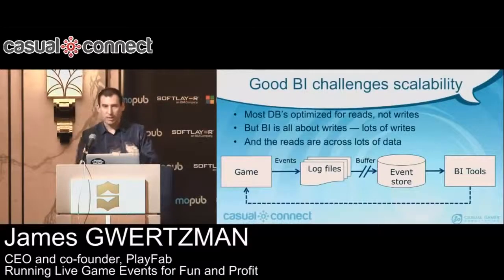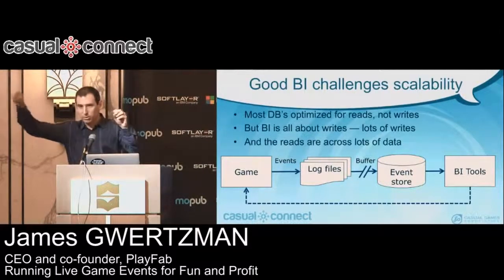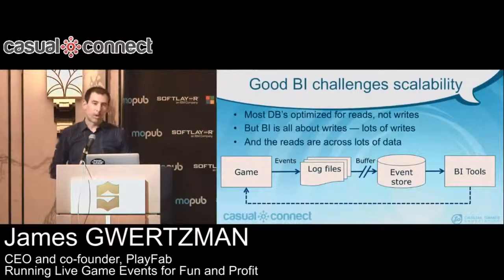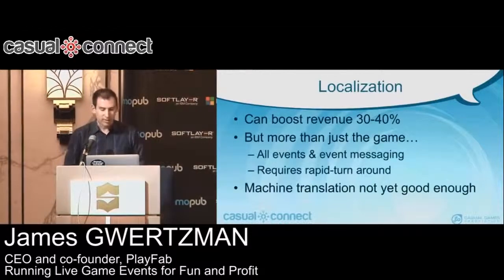And so that's a very inverse pattern for how most databases are designed. And when you are doing a read, you're analyzing all the data. You want to say things like, I want to know how many of my players are level 10. Well, that requires touching every single player in your entire database to figure that out. And so that's why there are specialized data warehouse solutions like Amazon Redshift specifically targeted for this kind of thing.